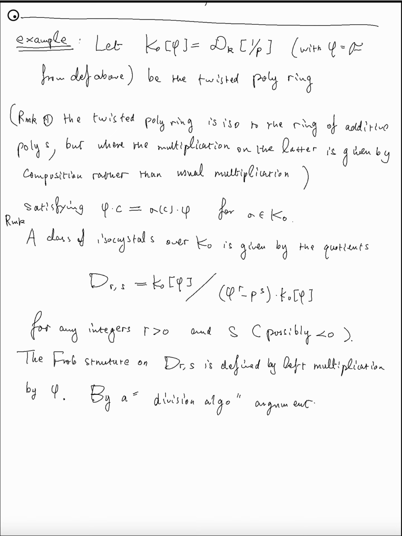See remark 1, remark 2, remark 3, by a division algorithm argument, one can see that D r s has finite dimension r over K0.